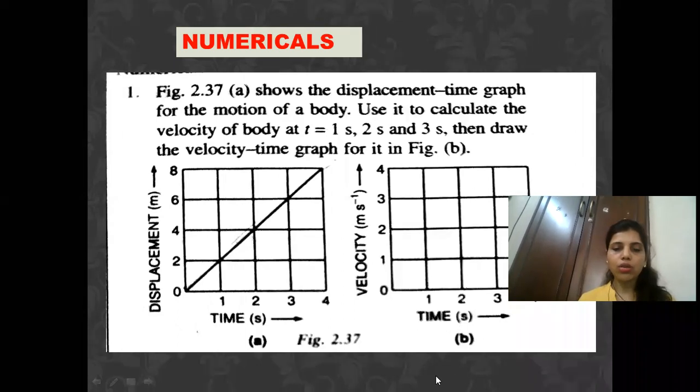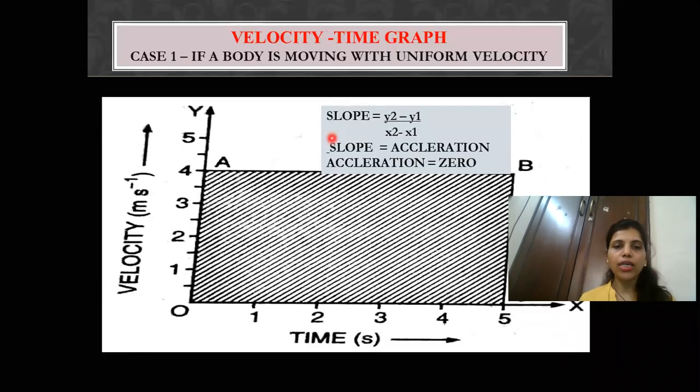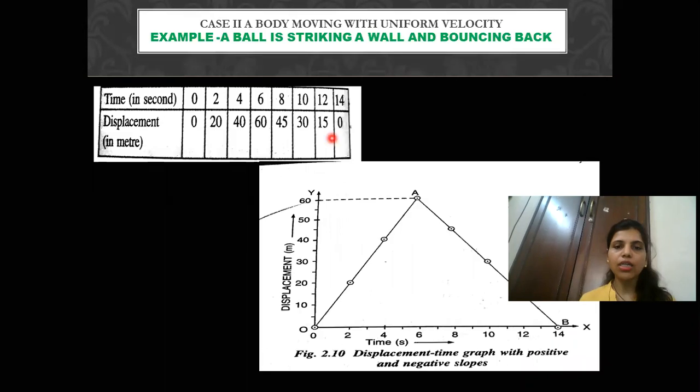Now I'm going to tell you about the graph which we have done previously. Here you can see this particular type of graph. It is a displacement time graph. The body is moving in a straight line. Then at one point, when it is at 60 meter, it is coming backwards.